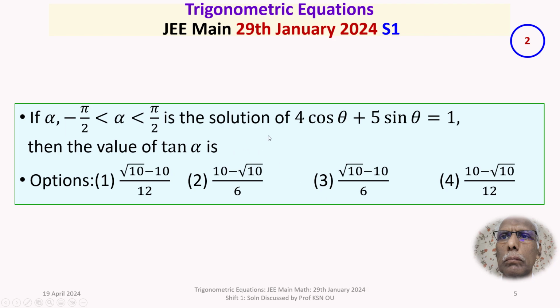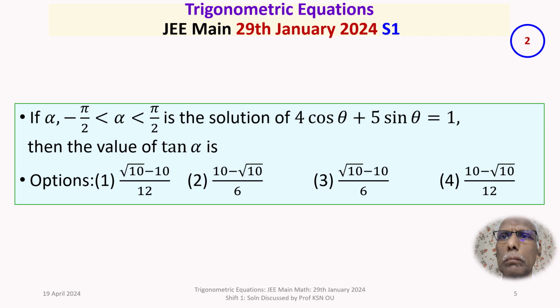We are given a trigonometric equation 4 cos theta plus 5 sin theta is equal to 1, and alpha is a solution where alpha lies between minus pi by 2 and plus pi by 2. That means alpha belongs to the open interval (minus pi by 2, pi by 2). We are required to find the value of tan alpha.